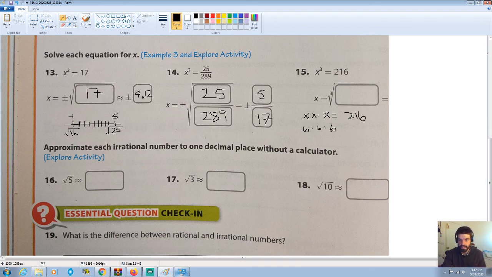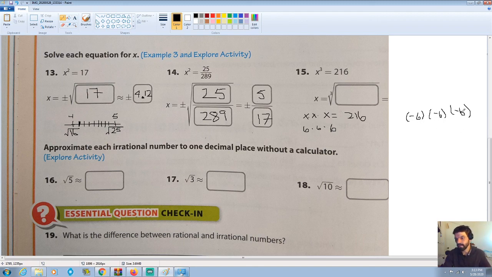If it's going to be a positive result, there's no negative number you can cube to equal 216. The reason for that is if you took -6 and cubed it, that'd be -6 times -6 times -6. And -6 times -6 is positive 36.